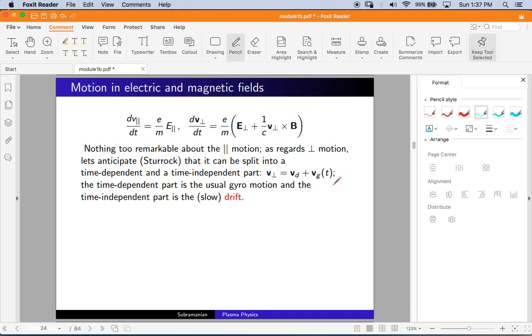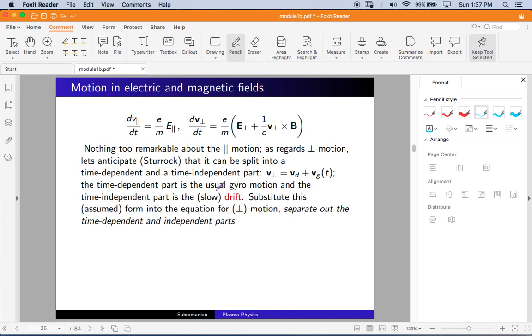Nothing different. The time independent part is a new thing, a slow motion like we discussed, and this is what's called drift. Due to the presence of the electric field, you have a new phenomenon called the drift, and we will see what this is.